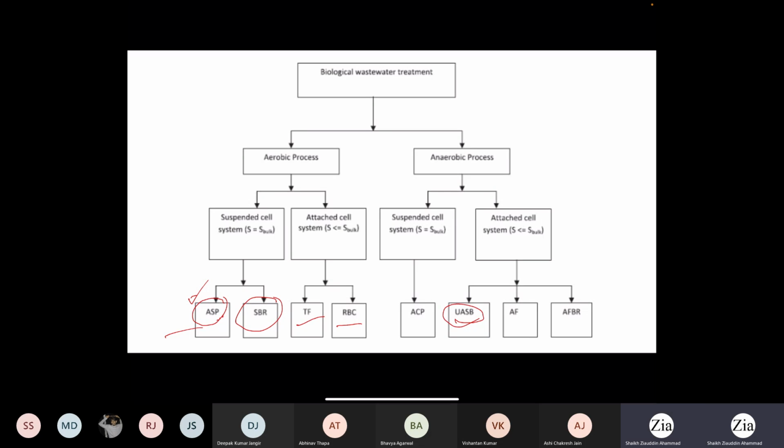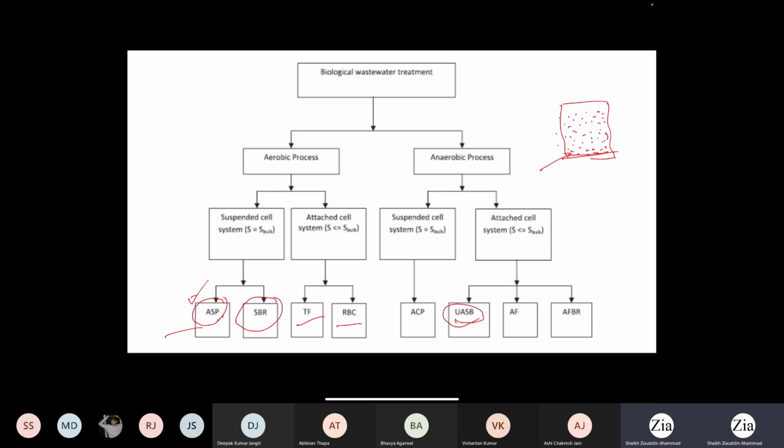Suspended cell system means you will have a reactor where all the solid particles, that is your biomass, will be maintained in suspended condition. So all these particles will be suspended, or we'll just try to keep them suspended using different means. Either you can use aeration, like you just supply air to maintain the churning motion, so the solid particles will not be able to settle at the bottom.